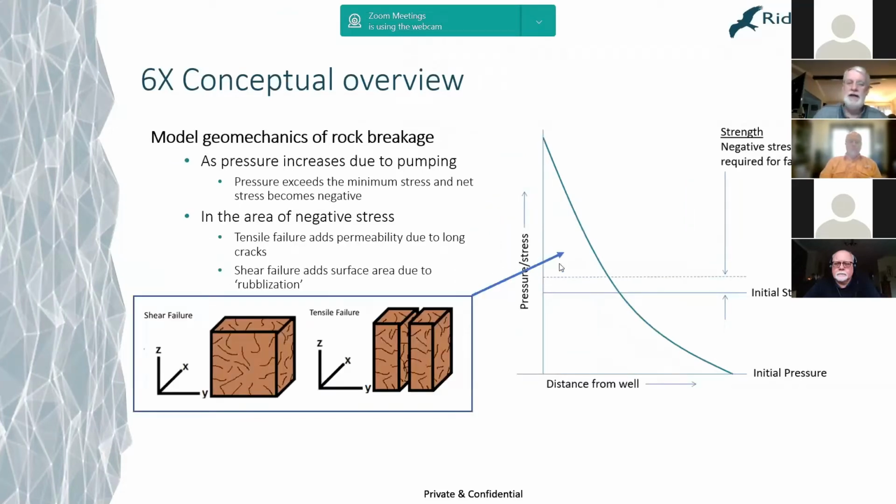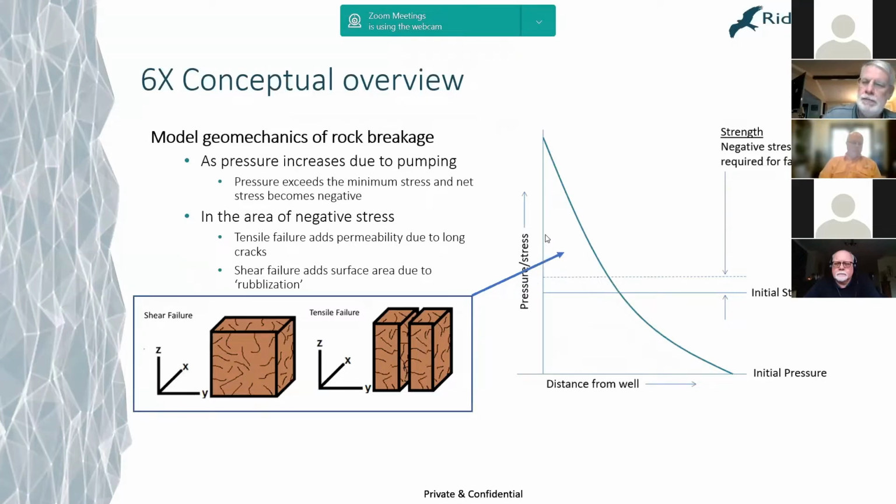So we'll apply those two types of enhancement that we talked about: the tensile failure, which is represented as a permeability of the fractures, and the shear failure, which is represented as the matrix to fracture interface, the leak off between them. So anywhere where we have broken through the initial stress, those things will be enhanced.